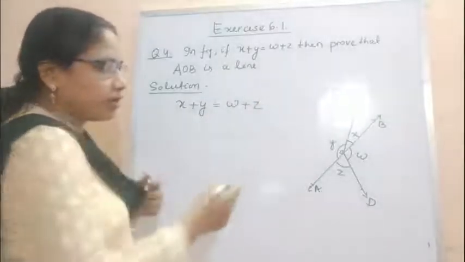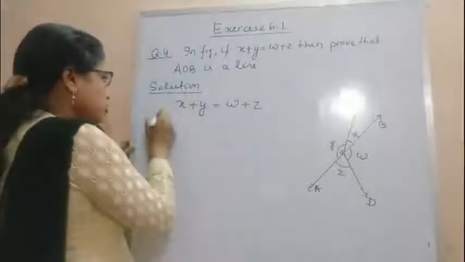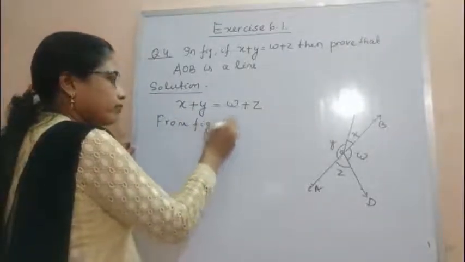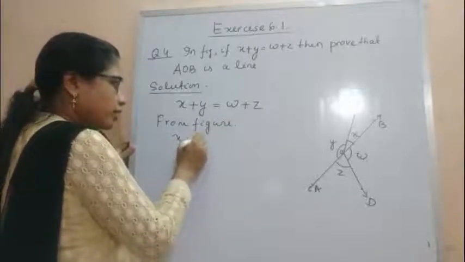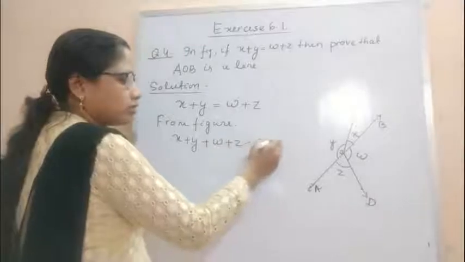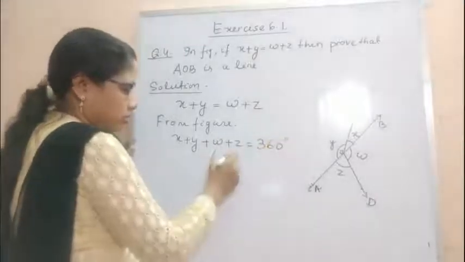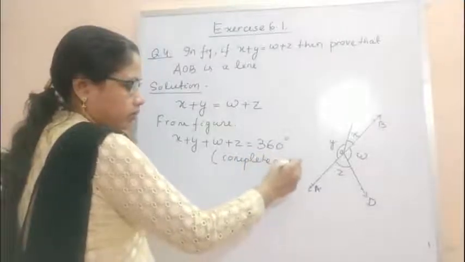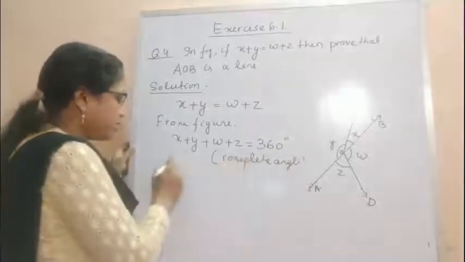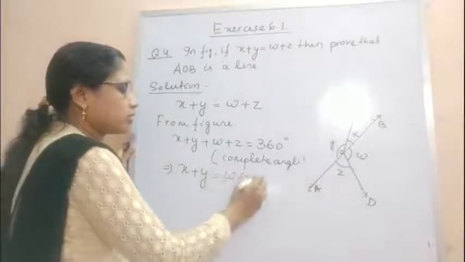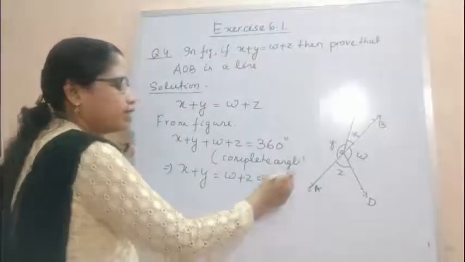So from the figure it is observed that x plus y plus w plus z is equal to 360 degree. So this is a complete angle. So this implies x plus y is equal to w plus z is equal to 180 degree.